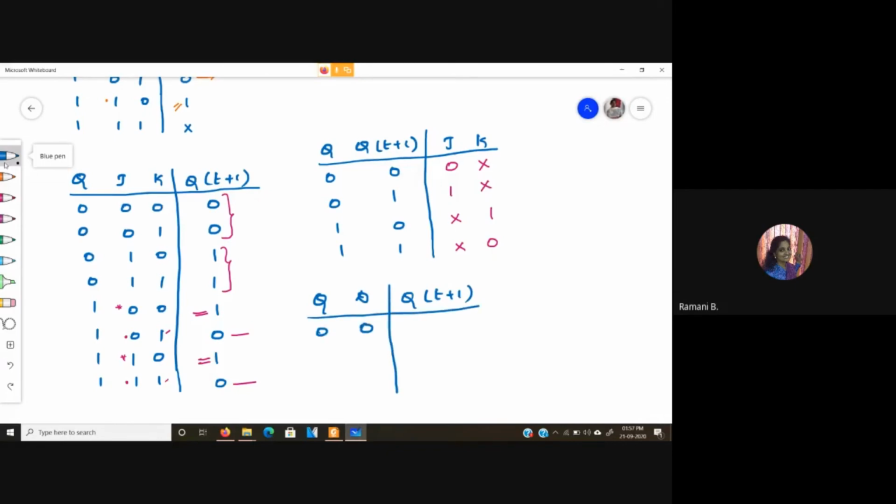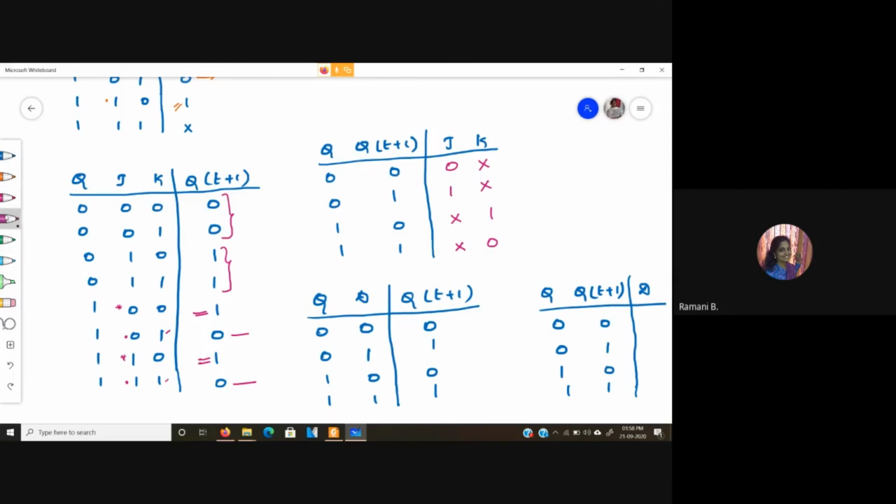With D flip-flop, whatever the value of D is, Q of t plus 1 is going to have the same thing, right? So here the excitation table will be 0 0, 0 1, 1 0 and 1 1. Here the same case is applicable. When both Q and Q of t plus 1 are 0, D value is 0.